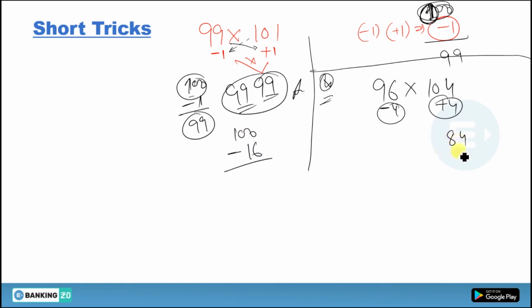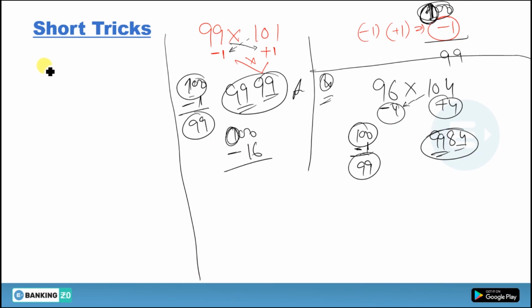Now, either subtract this 4 from 100, or add this 4 to this 96. In both cases, you're going to get 100. Just subtract 1 from this 100, you're getting 99. So you'll get 9984.